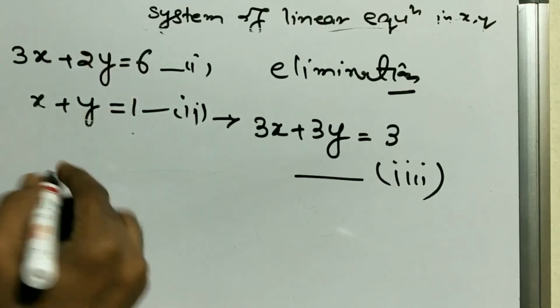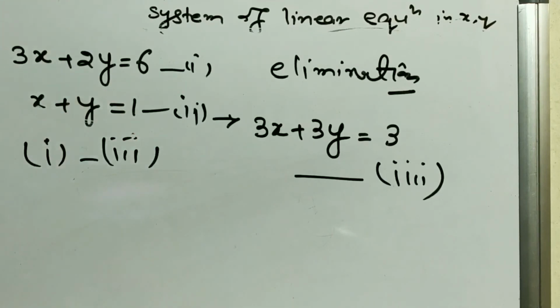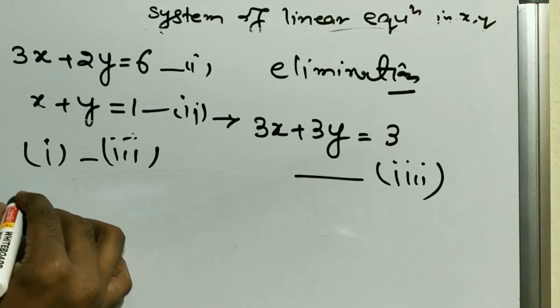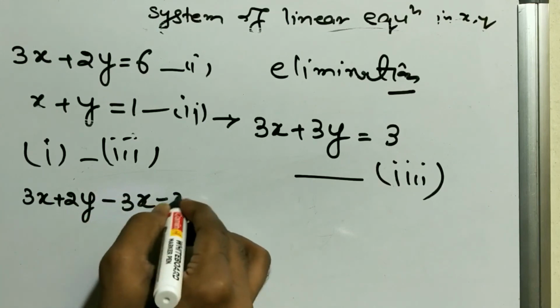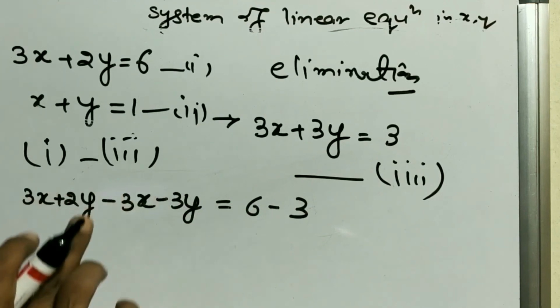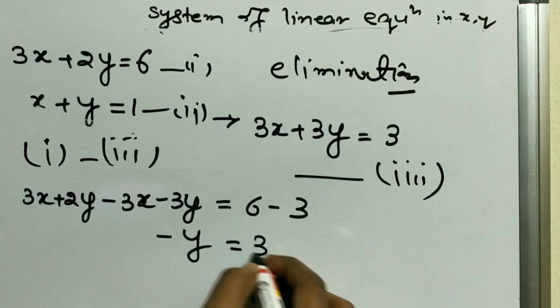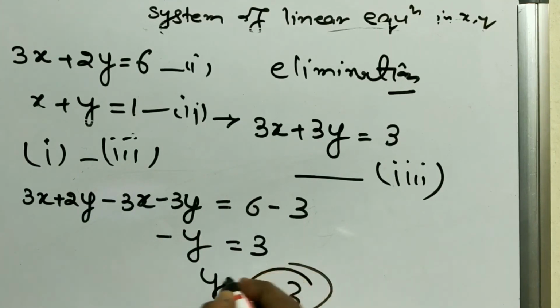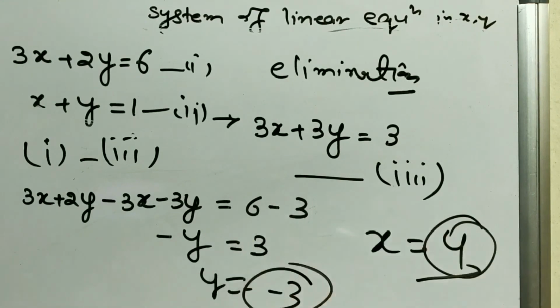So we will subtract equation third from equation first. What will we get? 3x plus 2y minus 3x minus 3y is equal to 6 minus 3. Solving this equation we get y is equal to minus 3. For y is equal to minus 3, we get x is equal to 4. So it is the same solution which we got from all the other methods.